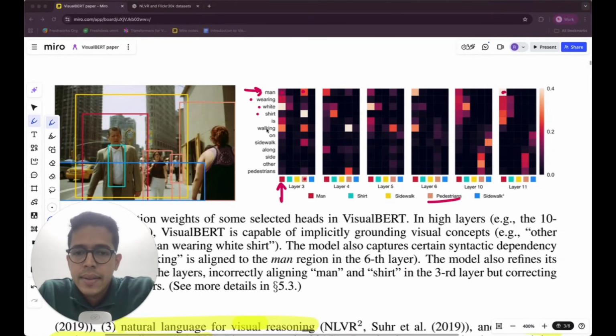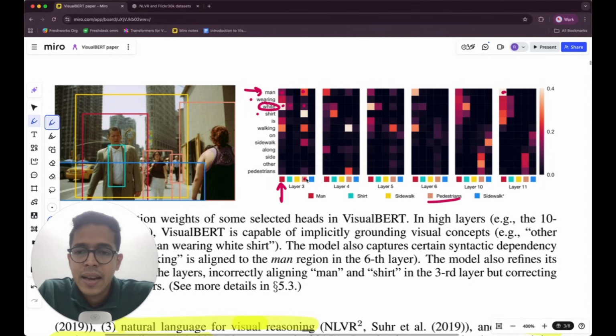And now look at another one. Look at the word white. This word white was correlated in layer number 3 with the red color rectangle, the blue color rectangle, as well as the light red rectangle. The red rectangle is man, sure. The blue color rectangle is actually white, enclosing his white shirt.